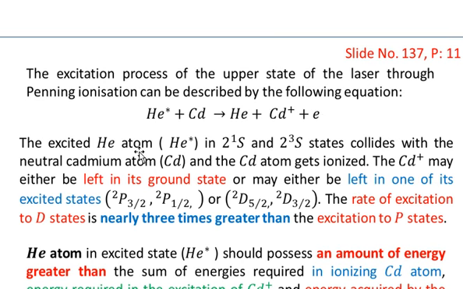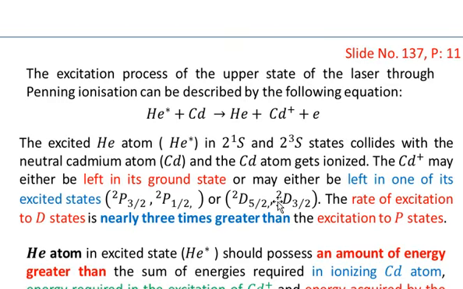Now we are talking about the excited helium atom, that is the helium star, in the 2 1S and 2 3S states, which collides with the neutral cadmium atom, and the cadmium atom gets ionized. The cadmium ion may either be left in its ground state, or may be left in one of its excited states, that is in the 4p state having two energy terms, or in the 5d states having two energy terms.